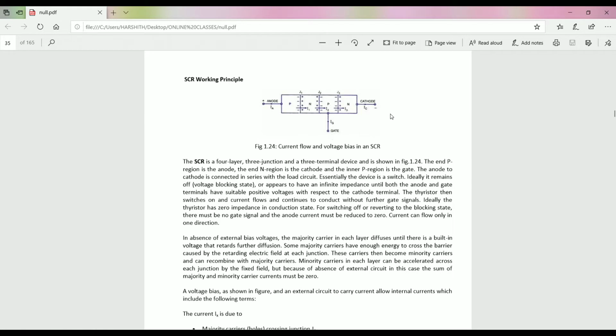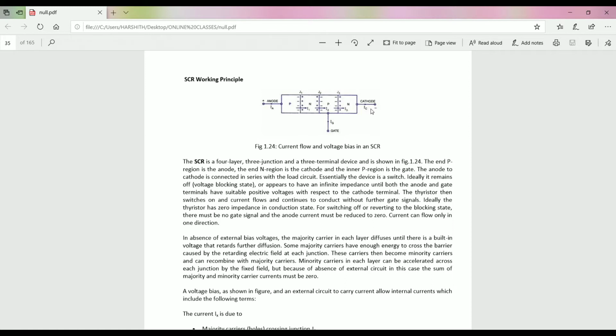The gate is made positive with respect to the cathode, and the cathode is negative.